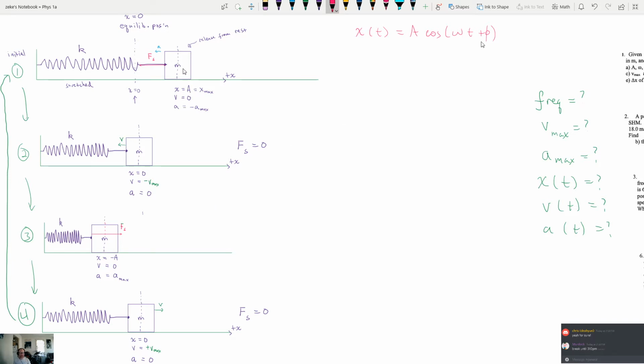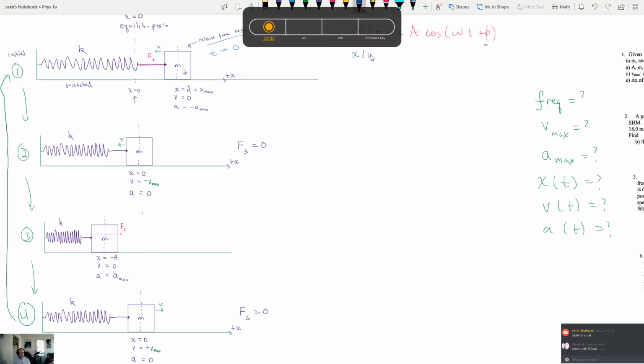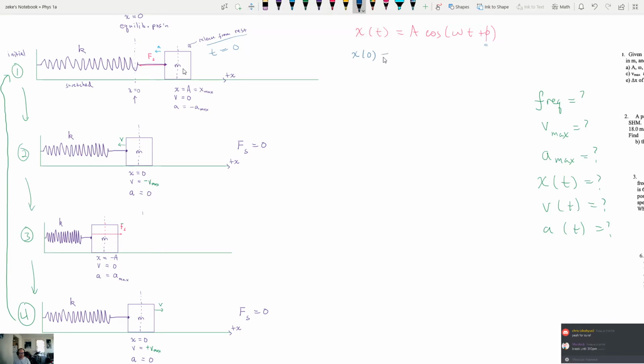So let's see if we can actually figure out what this phi thing represents right here, okay? If we release it from rest, and this is our initial position, and this happens at t equal to 0, then that means that x of 0 should be equal to what?